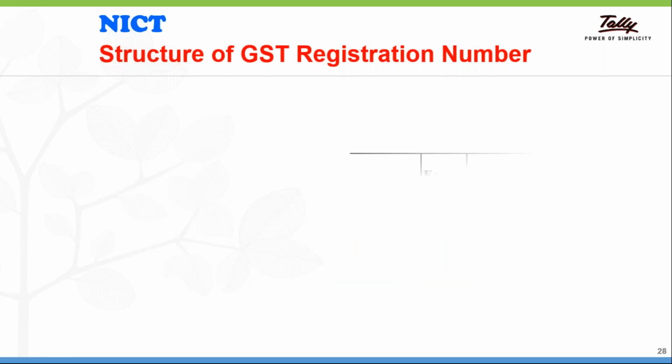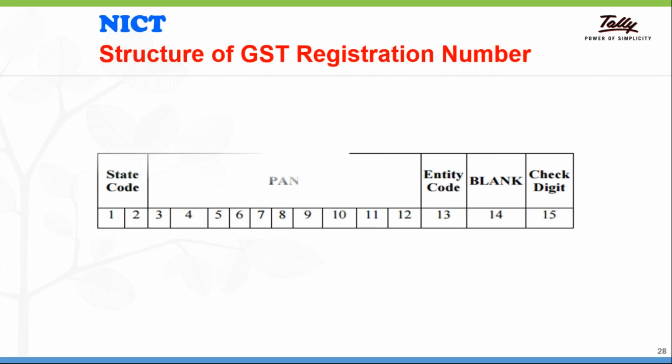The first two will be your state code, then the PAN number of the registered person, 10 characters. The PAN number consists of 5 alphabets, 4 numbers, and an alphabet. Then comes the entity code based on your business, and a blank digit, just a number for being different, and then the check digit based on your company.